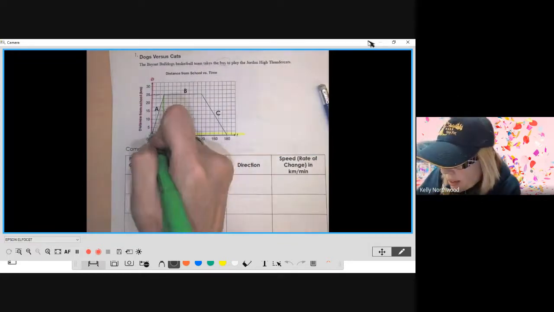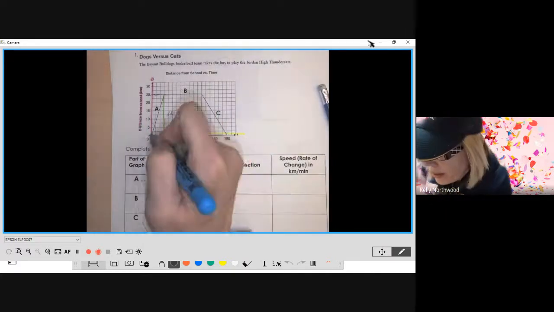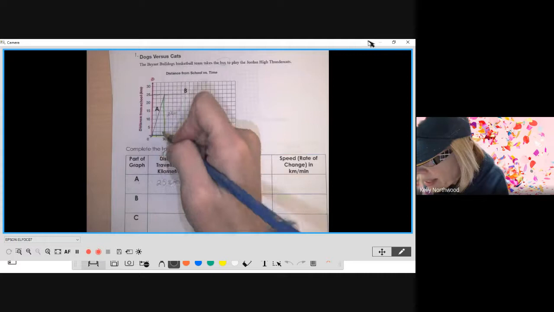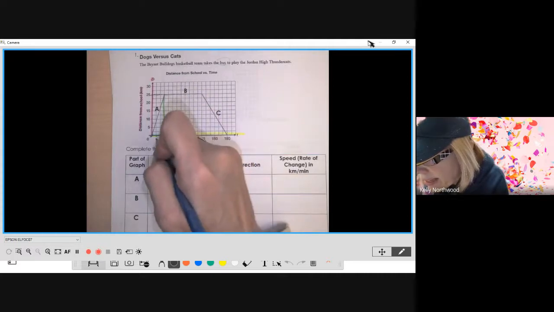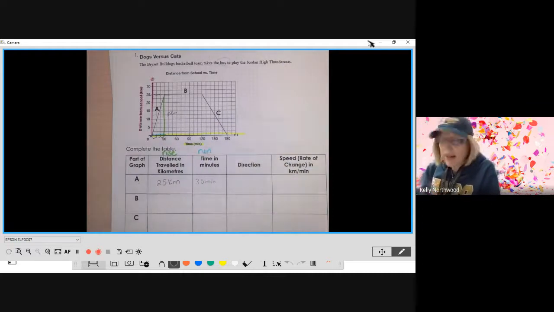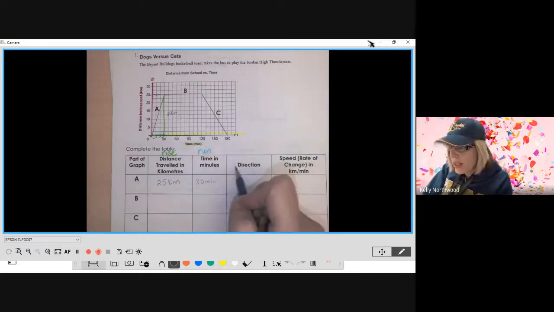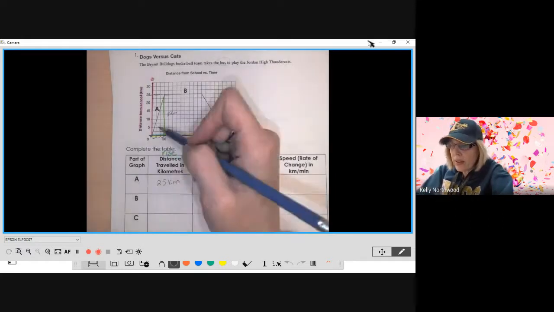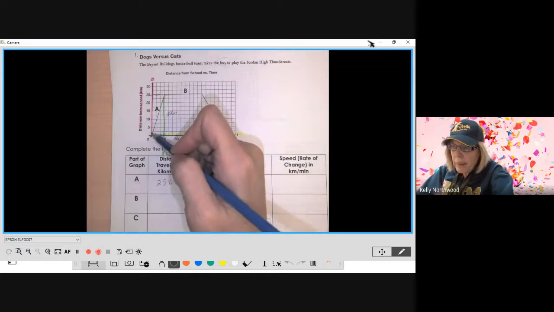And then the run, let me just use a different color there. For this one, you can see it's from 0 to 30 minutes, so it's 30 minutes. Or you can realize that the scale is 10 minutes, so 10, 20, 30 minutes. So this is our run. Usually there's this direction column, and that wants you to interpret the direction you're going compared to the start.